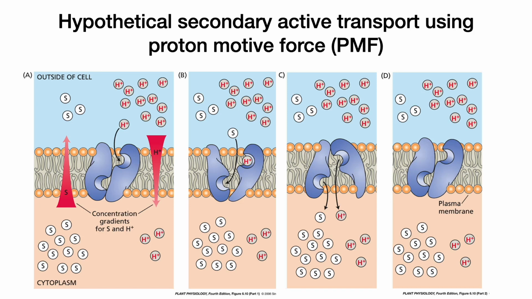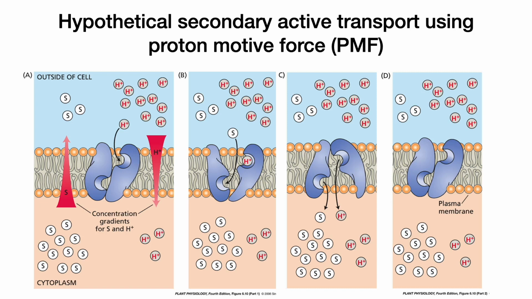In this example, we see a hypothetical protein with two binding sites, one for protons and one for S. And under circumstances where neither the proton nor the S is binding to the protein, it takes a conformation which opens up a binding site available to protons on the outside of the cell.